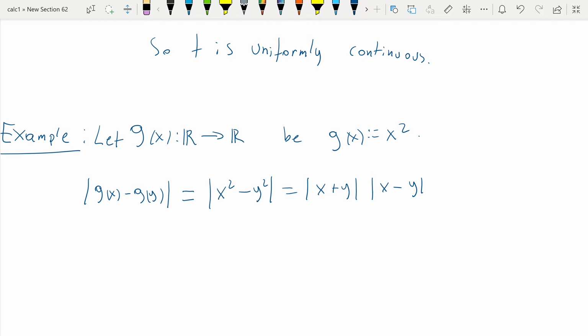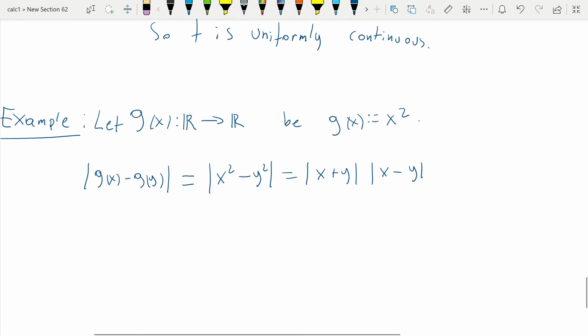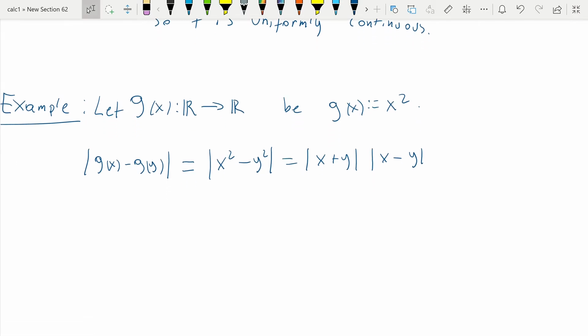Because here you're just moving x when you're looking at continuity at a point. But here, the problem is, for the function to be uniformly continuous, the delta you need to choose in order to guarantee that this is smaller than epsilon has to be uniform.